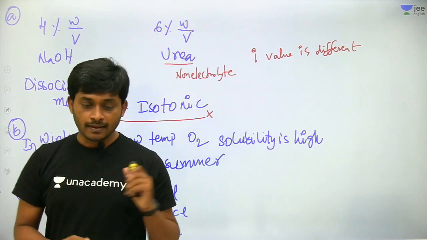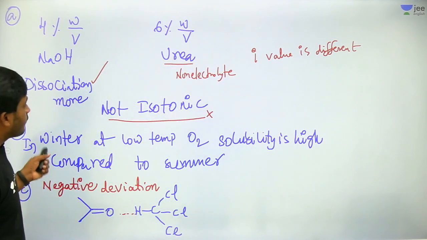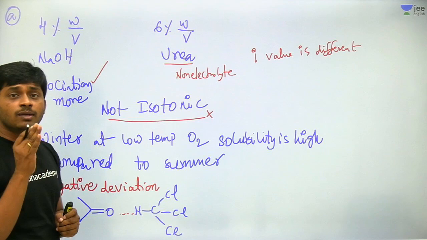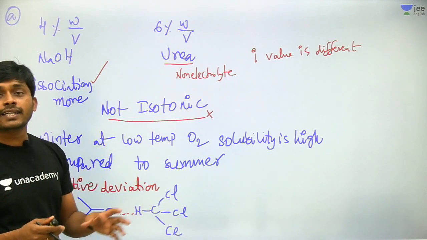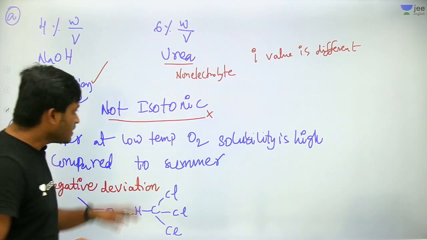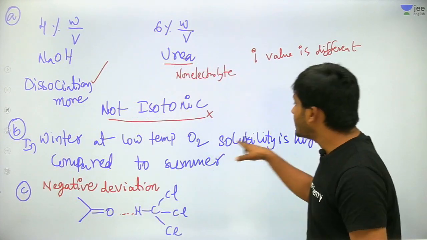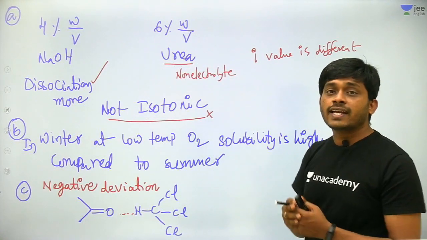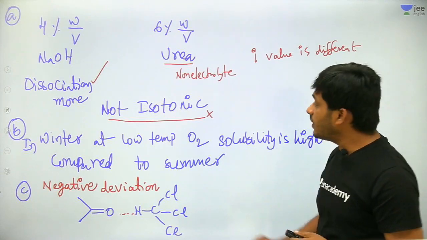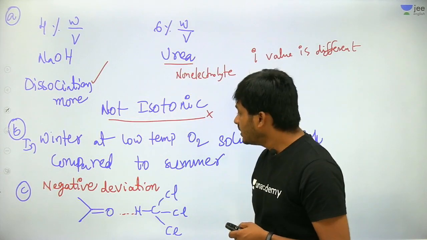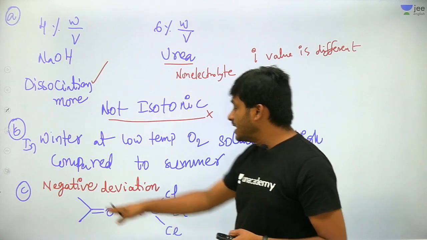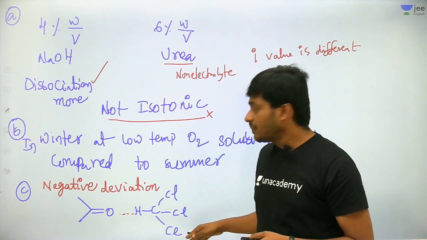Okay, right? See here, in winter, what is happening? The solubility of O2 in water is very high because the temperature is less. If the temperature is less, solubility is high. So that's why aquatic animals feel more comfortable in winter. And the last one is acetone and chloroform.